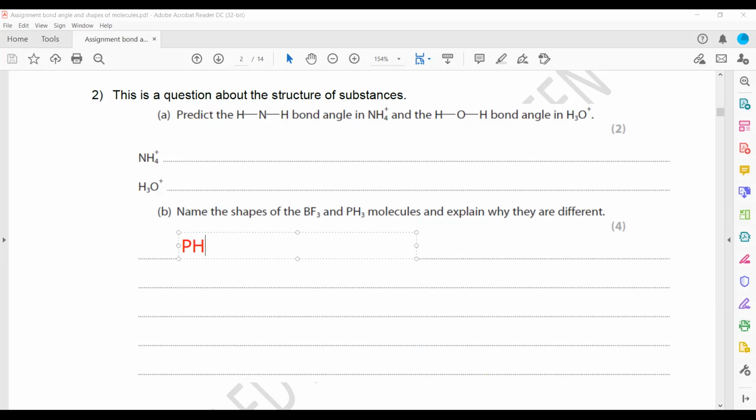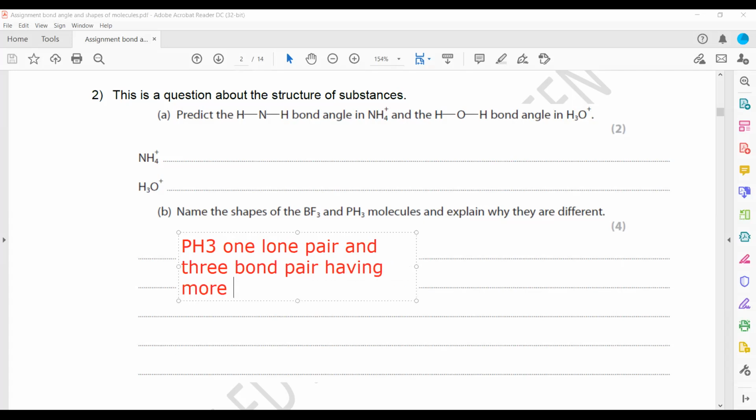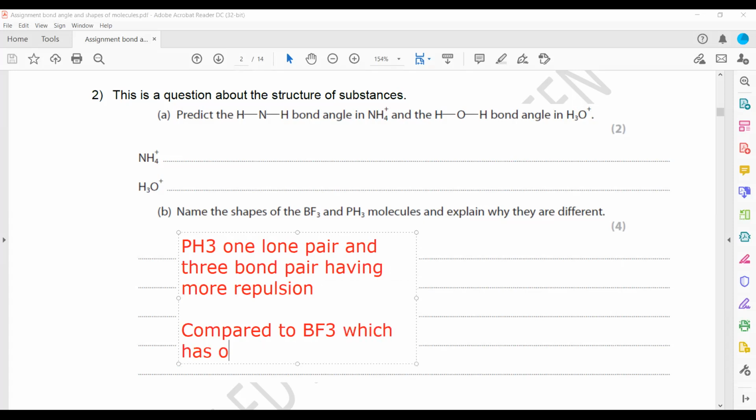So in PH3, 1 lone pair and 3 bond pairs having more repulsion compared to BF3, which has only 3 bond pairs and no lone pair.